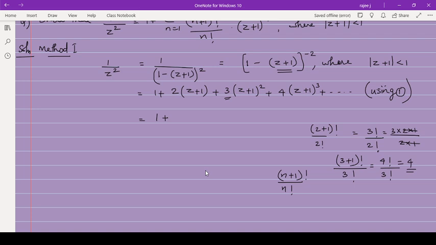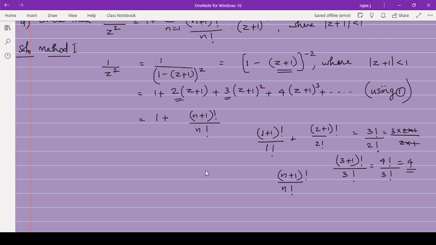Here, in the first term, 1 plus 1 factorial upon 1 factorial, 2 factorial upon 1 factorial is 2. So if the denominator is n factorial, then the numerator will be n plus 1 factorial. So I will write here n plus 1 factorial upon n factorial.